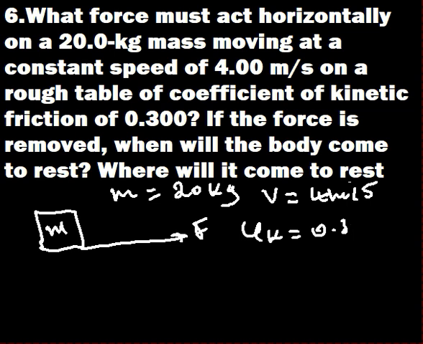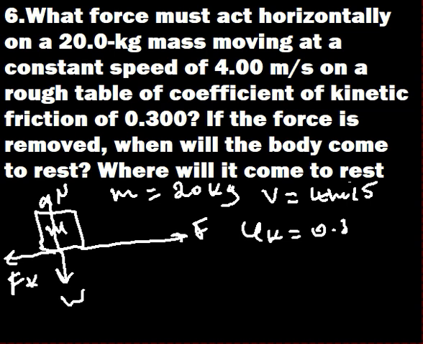So we need to have the force applied. We have the kinetic friction force opposing the motion, given as Fk. We have the weight, and also the normal force acting like that.